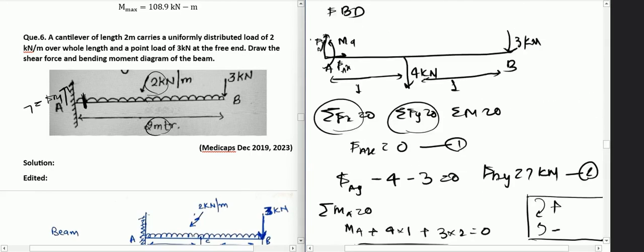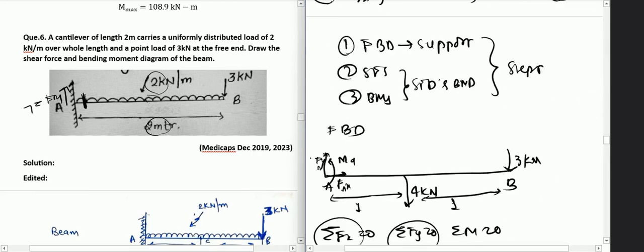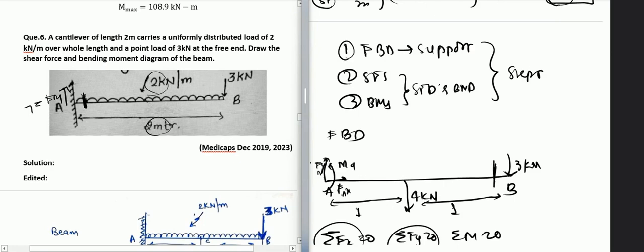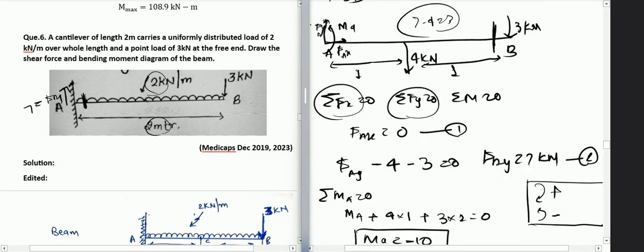So here is our FBD. If you make a cross section here and consider all the left side forces, there is 7 in the upward direction, which is FAY, and 4 in the downward direction. So it will be 7 minus 4, which is equal to 3. So 3 will be just before B.